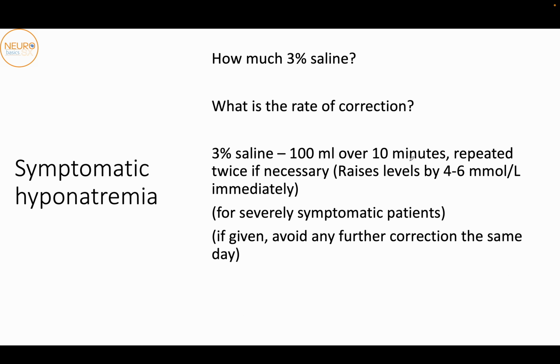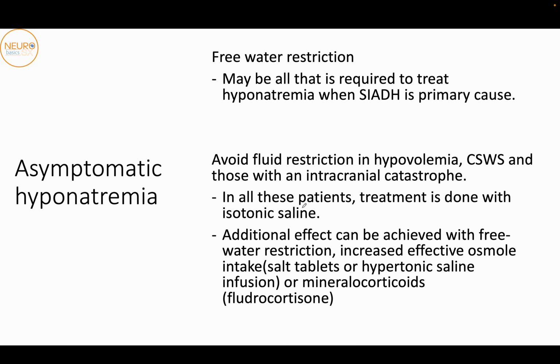Once you have done that, you take a sample and send it to the lab for evaluation. After you have taken the sample, you can repeat it again. These two boluses together are supposed to raise the levels by at least 5 millimole per liter immediately. Apart from that, the other general rules of treatment of hyponatremia will also apply.